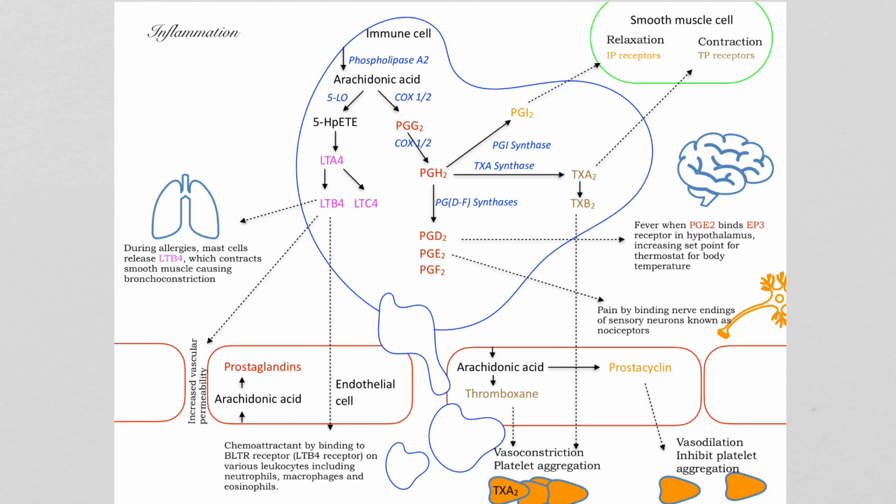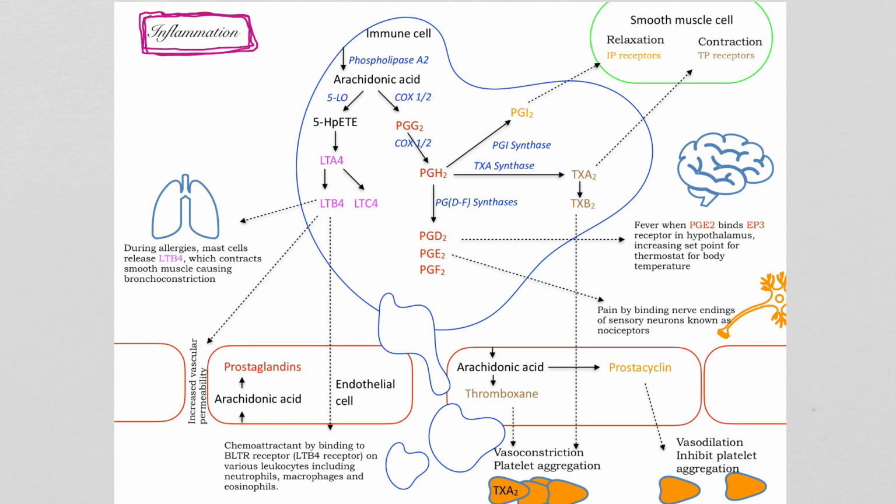So besides having a role in normal physiology, perhaps the most important aspect of eicosanoids is their role in inflammation. And of course, in the future, we will have videos on the biochemistry of inflammation.